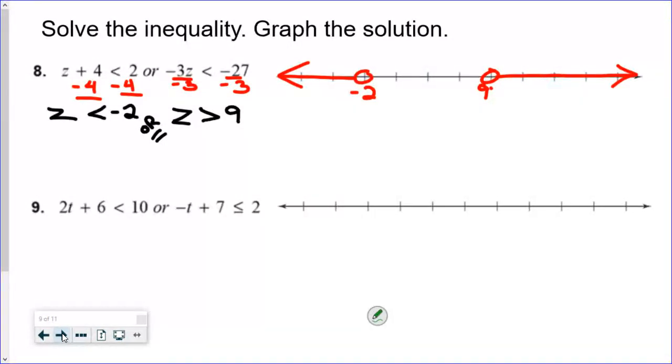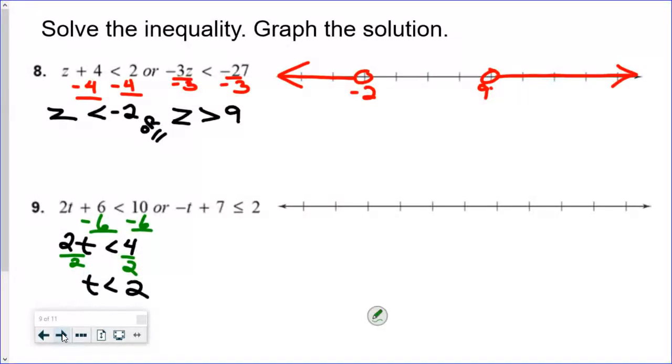Okay, number 9, add 6, and you get 2t is less than 4. Then I'm going to divide by 2. I don't flip the sign this time, so this is part of my answer.